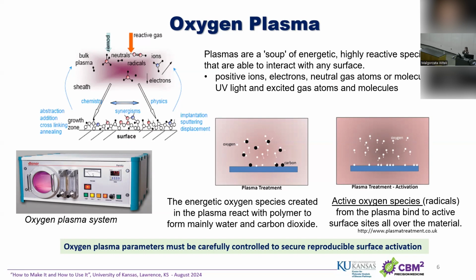Don't be mistaken, it's not easy to work with oxygen plasma. You need to make sure your flow of oxygen is constant and you know exactly what it is. You need to make sure that the energy in the setup for the oxygen plasma system is constant.